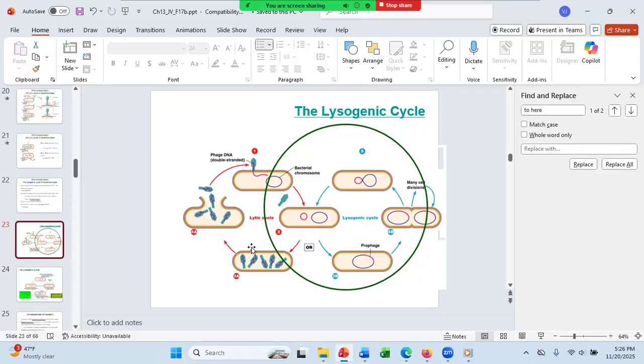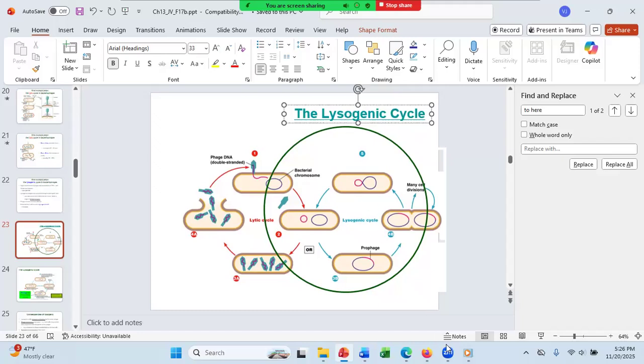New virions will be replicated. The host cell will lyse, and that will shed the virus to another cell. And that virus will attach to the cell, inject its genome into it, and immediately this lysogenic virus has to decide, will it enter the lytic life cycle or will it enter the lysogenic life cycle? Any question about the lysogenic life cycle?